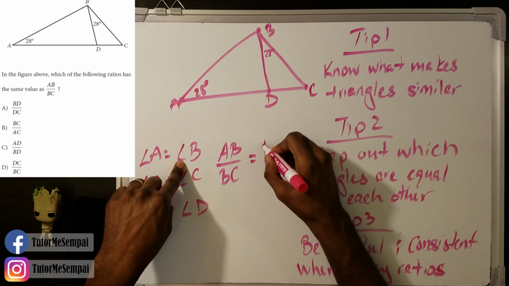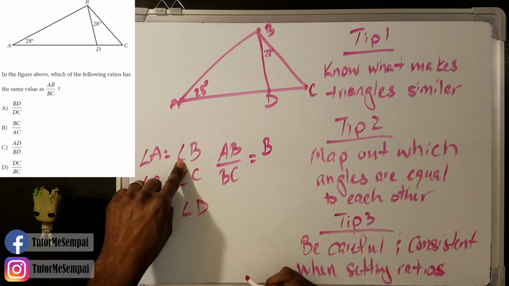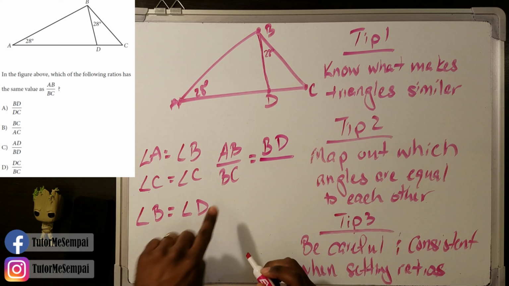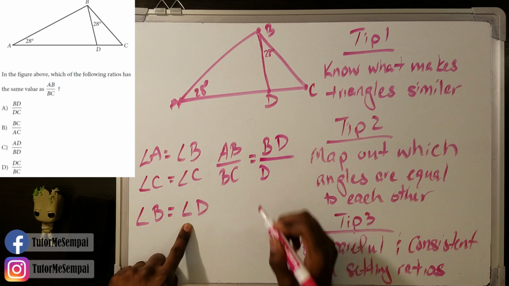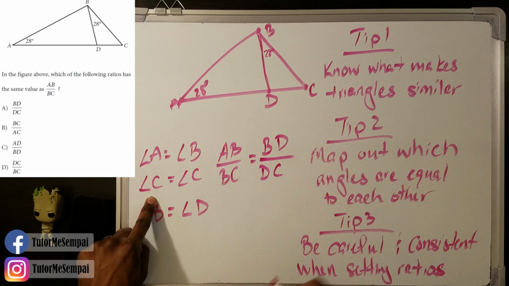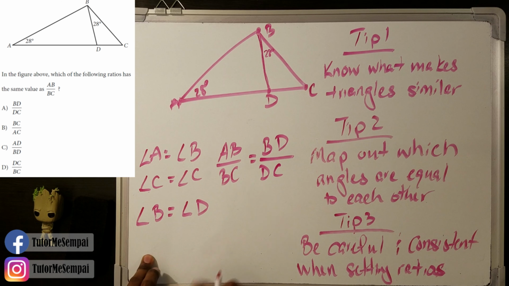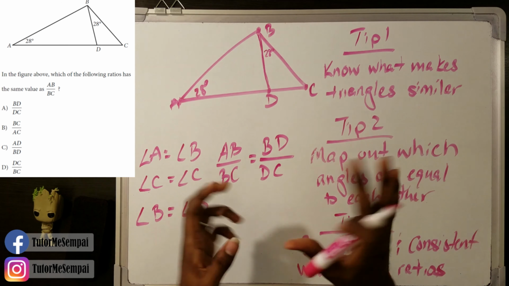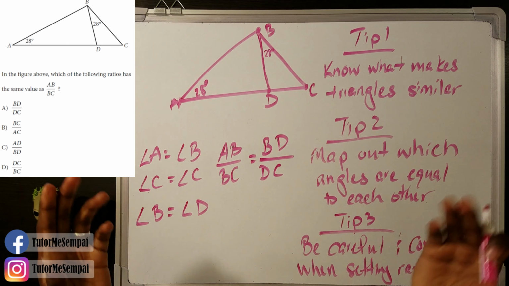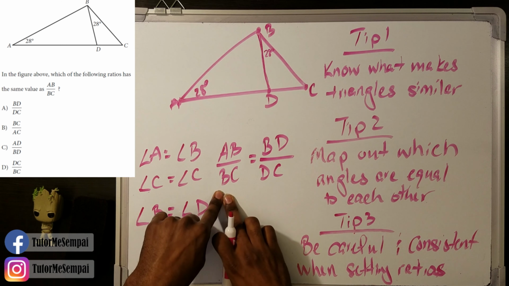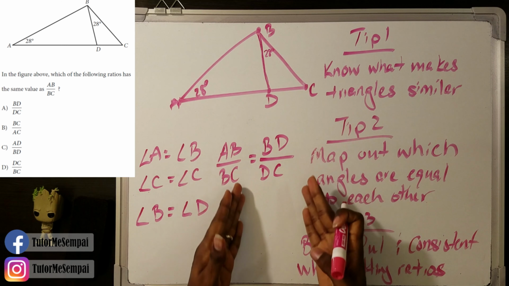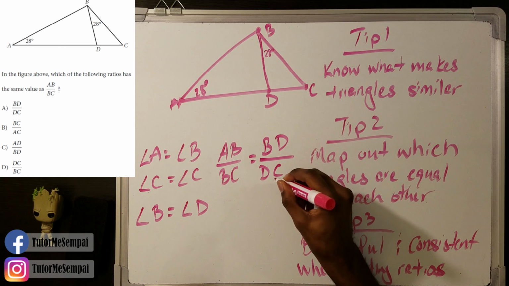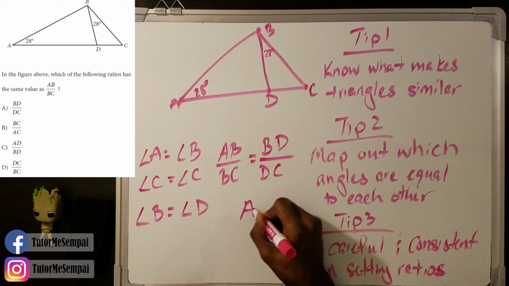So we can say that A is going to be B, and this B is going to be this D here, and this C is going to be that C here. So because we've already mapped out our angles, we can just figure out, without having to try to figure out the orientation of this graph, we can substitute what small angle equals our bigger angle and set up our new ratio this way. And when we do that, we get BD over DC, which is answer A.